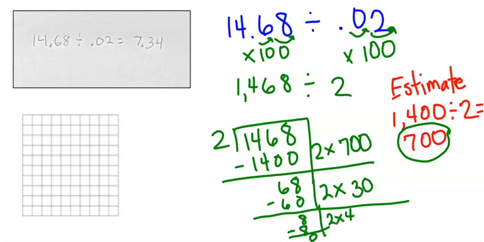So now I don't have any left. So how many times did I multiply that by? 734. So that means 1,468 divided by 2 equals 734, which is the same as 14 68 hundredths divided by 2 hundredths is 734.